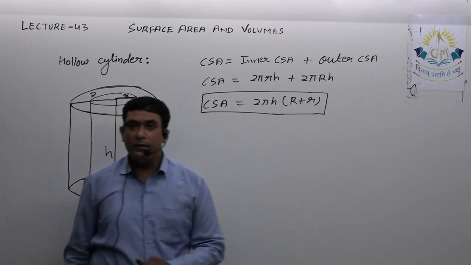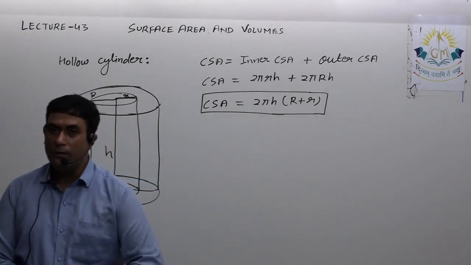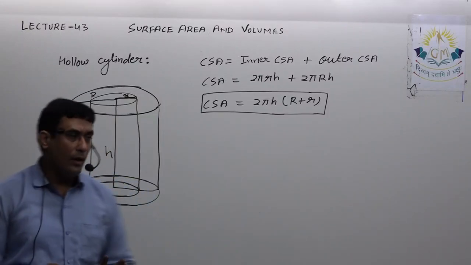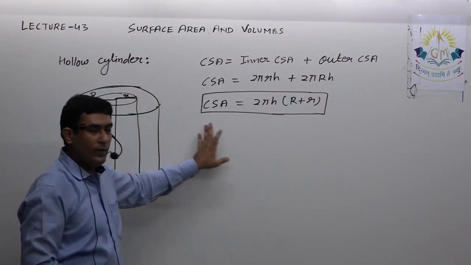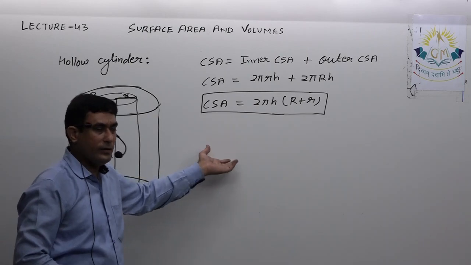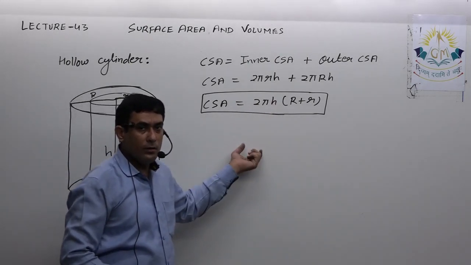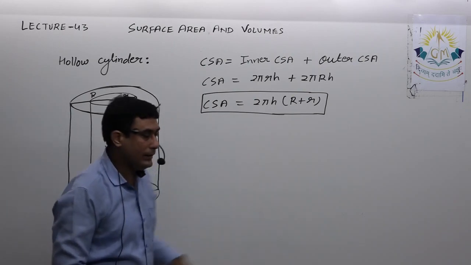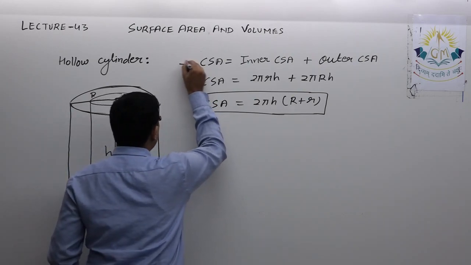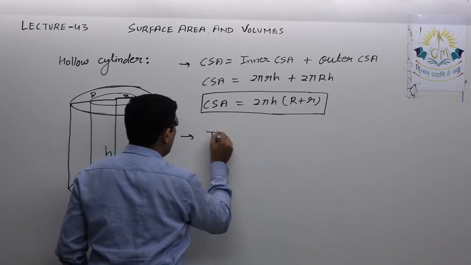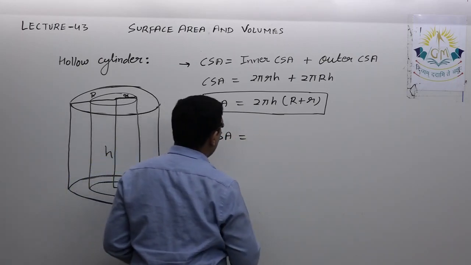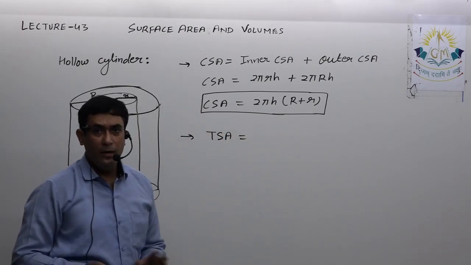Now, just right now we saw that whenever we have to find total surface area, other than the curved surface area, whatever the remaining surfaces are, we have to add those areas in CSA to get TSA. So next we'll see TSA, that is total surface area. So simply I can say inner CSA plus outer CSA plus remaining.